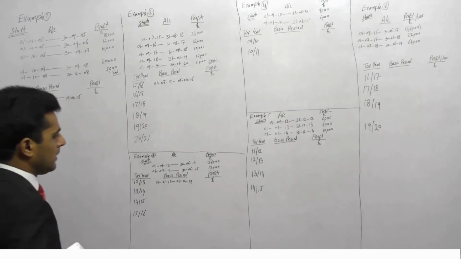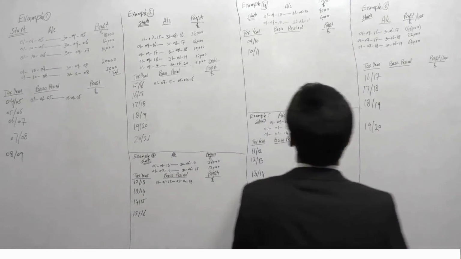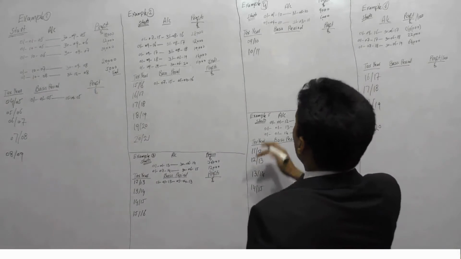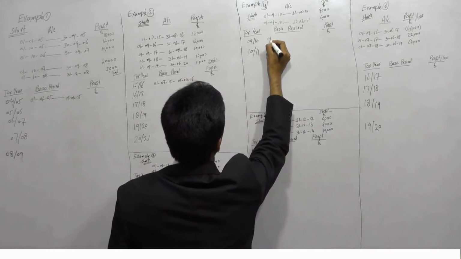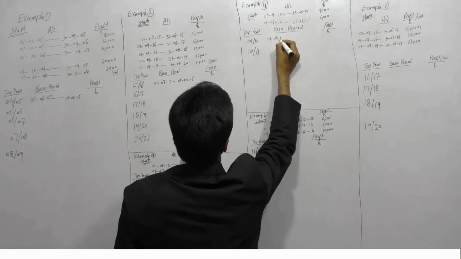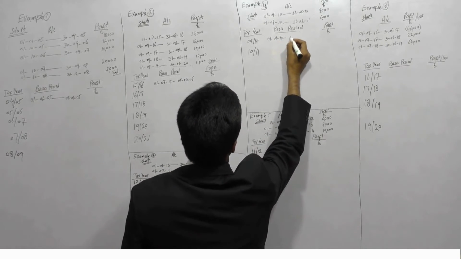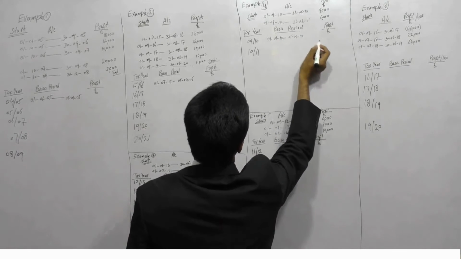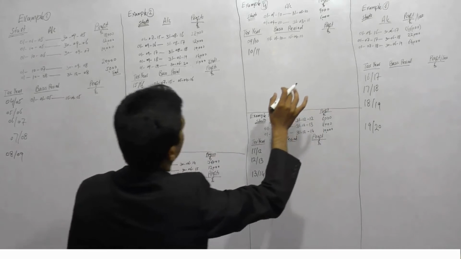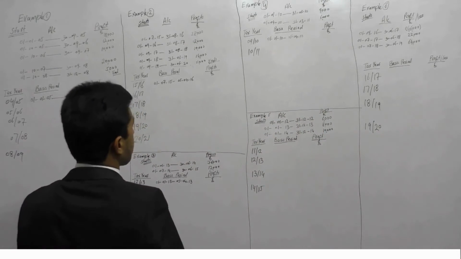Alright, let's look at example number 4 now. It started its operations on 1st of January 2010, so from 1st of January 2010 to 5th of April 2010. That will be our first basis period.